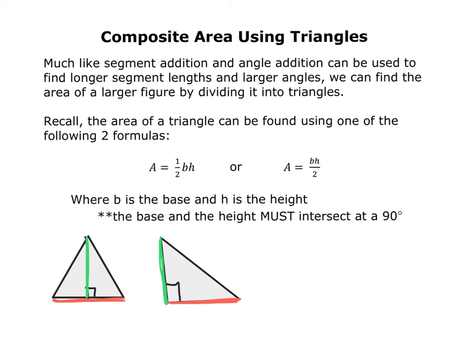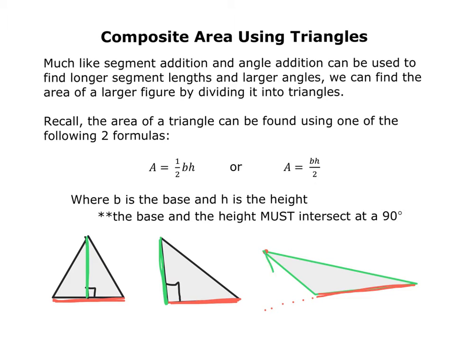And then in the case of an obtuse triangle, sometimes the height is going to be outside of our triangle. So for example, if this is our base, and we want to do the height from this vertex, the one opposite it, we have to extend this side out so that we can hit the line.